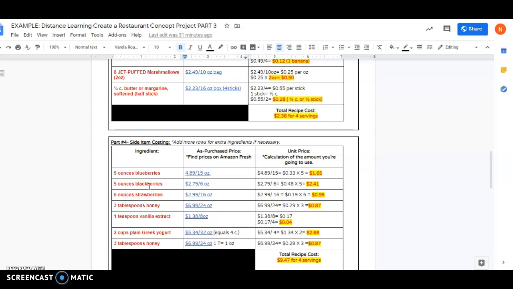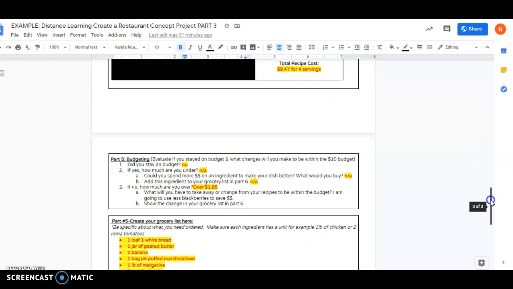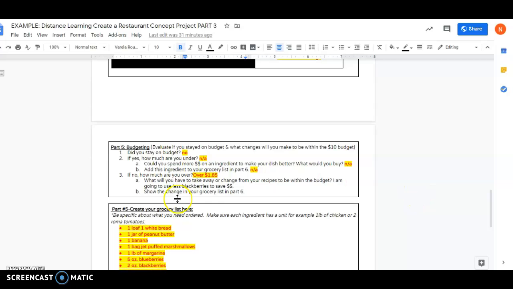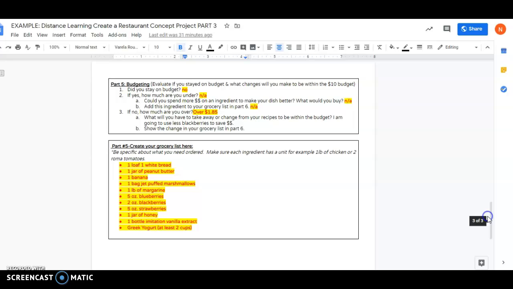So I decided I am just going to use 2 ounces of the blackberries in place of 5, and that will put me right on budget. You don't have to change any math or anything. You're just going to show the change in your grocery order in part 6. I am going to use less blackberries to save money. So obviously you thought about it, and you're showing me you thought about it.